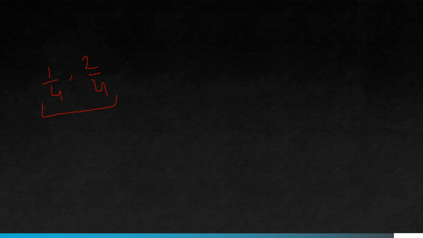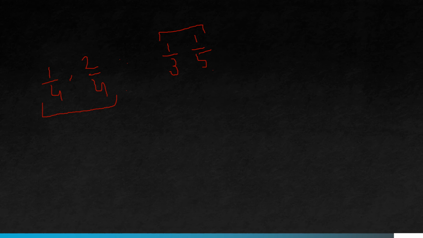Now let's say 1 upon 3 and 1 upon 5. Which one is greater? When we have the same numerator, the fraction with the lower denominator is greater.